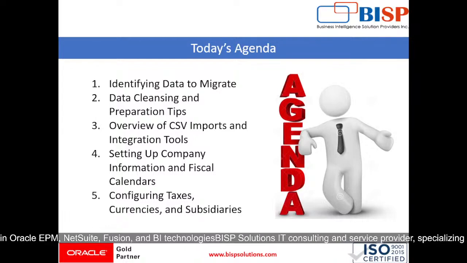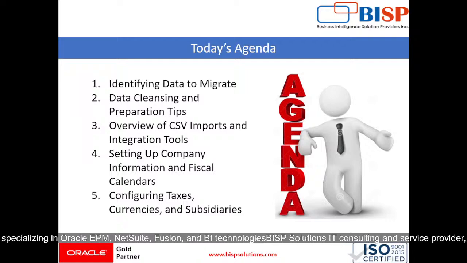So coming to today's agenda, which is identifying data to migrate, data cleansing and preparation tips, then an overview of CSV reports and integration tools, setting up company information and fiscal calendars, configuring taxes, currencies and subsidiary.